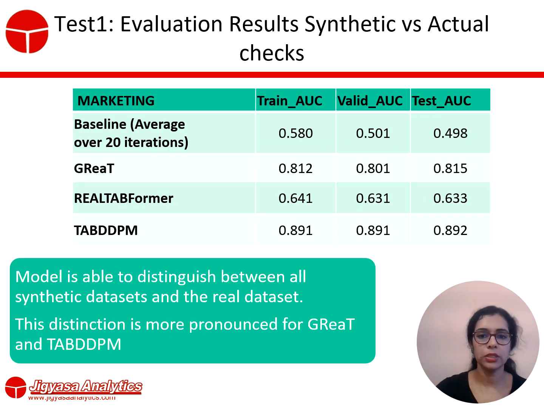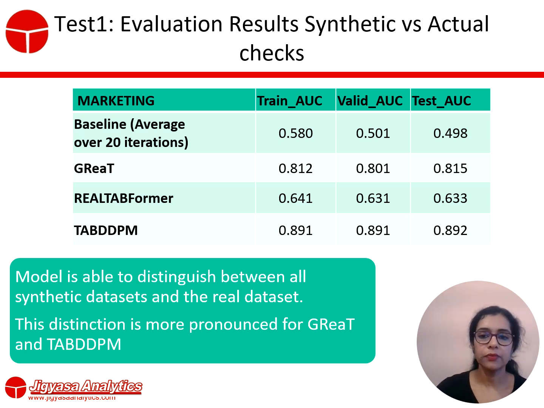Now I will show you the synthetic versus actual check on the marketing dataset. For baseline, train, validation and test dataset AUCs are 0.580, 0.501 and 0.498 respectively. For the GREAT method, AUCs are 0.812, 0.801, 0.815.